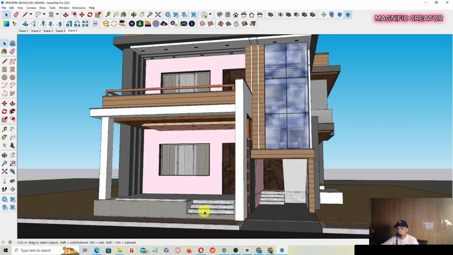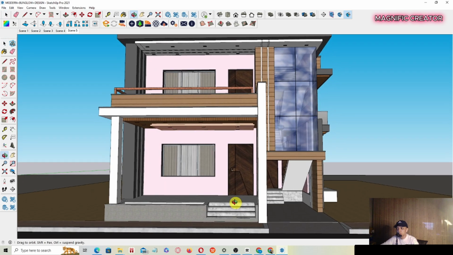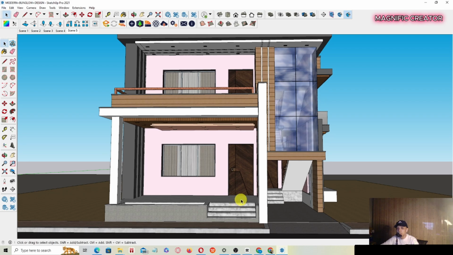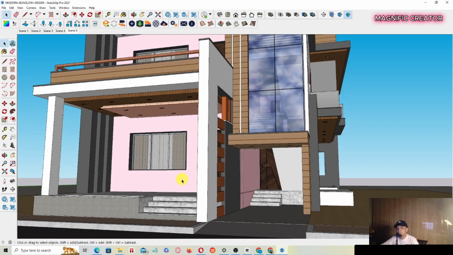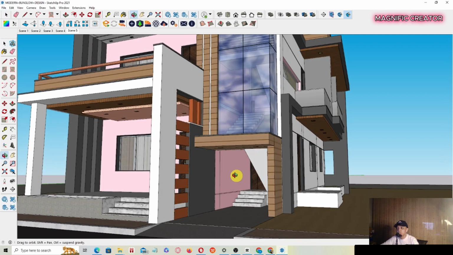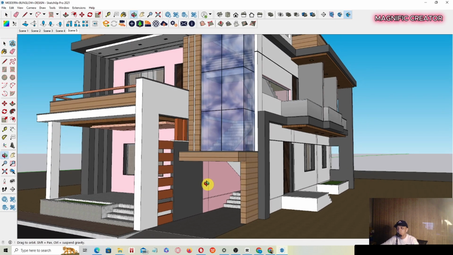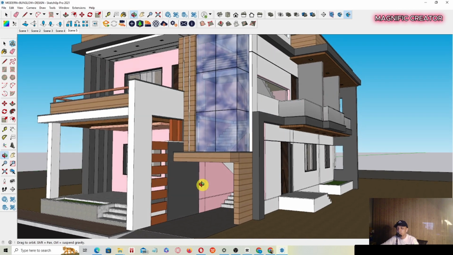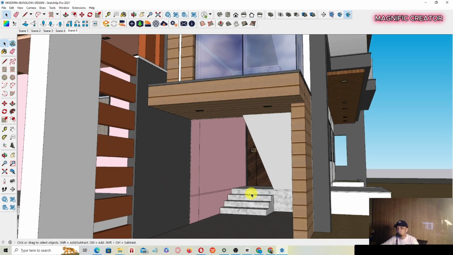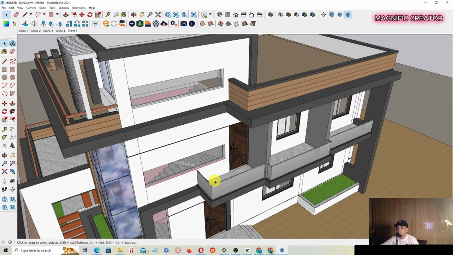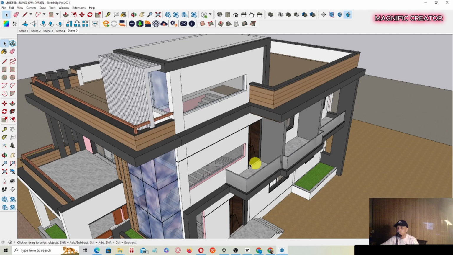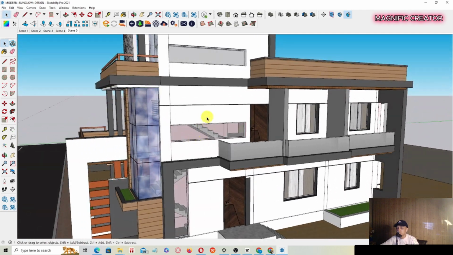Maybe the owner can enter the house from all of these accesses, but the user or consumer who rents this room can maybe only enter the house from this second or third access anyway because of the privacy purpose. And it has a side balcony also beside the stair area over there.